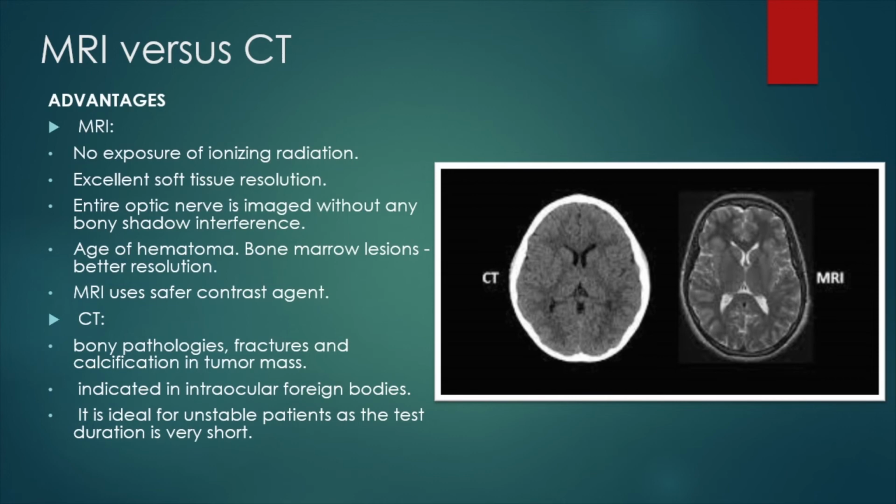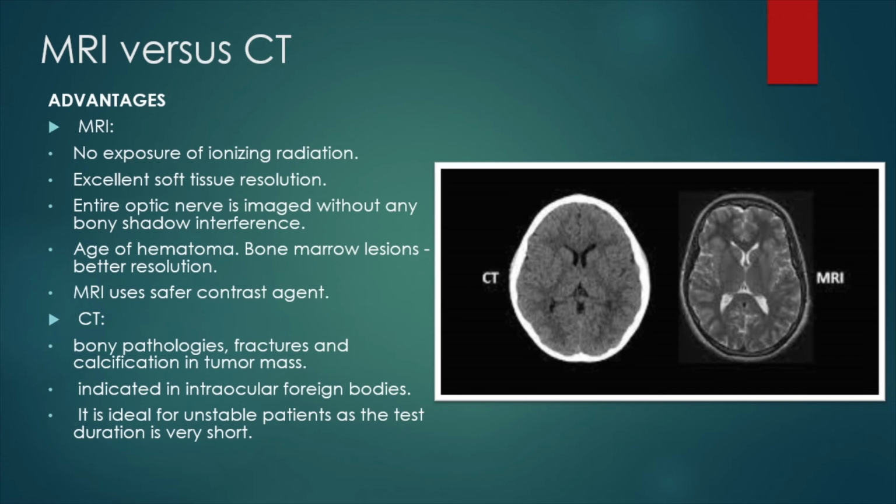MRI versus CT. The basic difference is that in CT the bone appears bright, whereas in MRI it appears darker. We should not get confused by the outer line seen in the MRI. That is nothing but the scalp fat tissue, which appears brighter in the MRI.